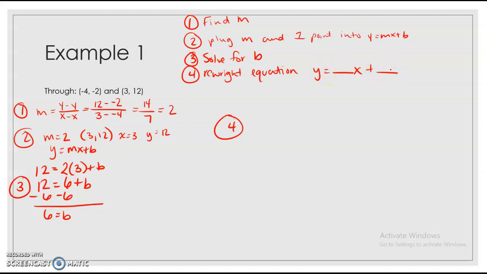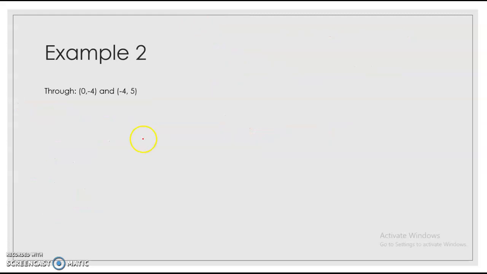I'm putting blanks there because that lets you know all we're doing is replacing our m and our b. I know that m is 2 now. I know that b is 6. So from here, I just write y equals 2x plus 6. And that is our final answer. That's how we write the equation of a line given 2 points. All right, so we're going to do another one here.